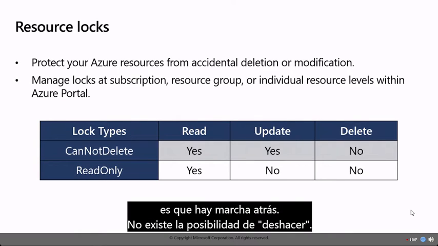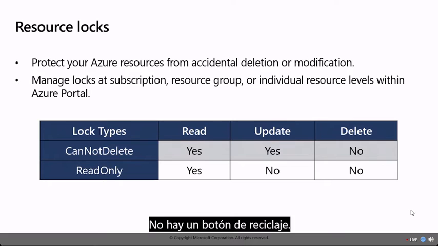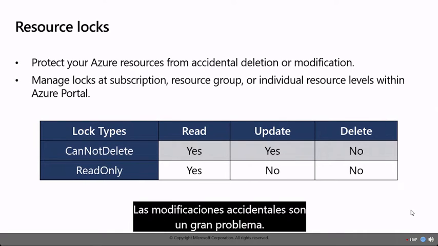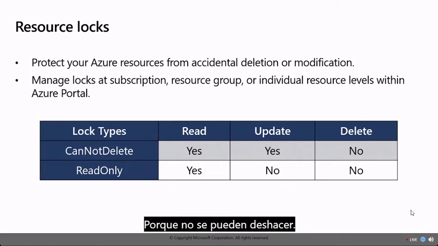There is no undo. There is no recycle button. You cannot go get it back. So accidental deletions or accidental modifications are a very big deal because you can't undo them. So how do you protect your resources?